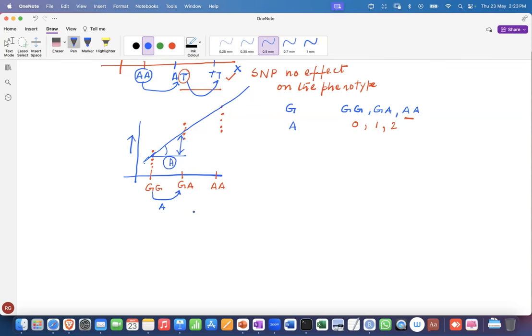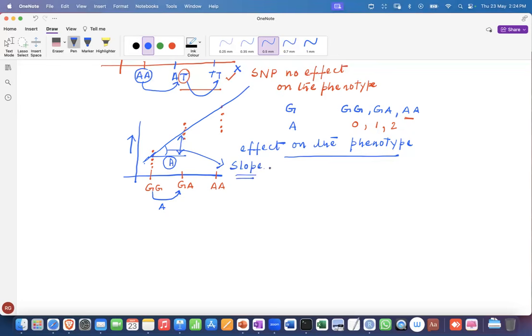So we are trying to identify all those SNPs in GWAS which would have an effect on the phenotype. When you say effect on the phenotype, you can now ask me a simple question: how is the effect measured? The effect is measured by the slope.